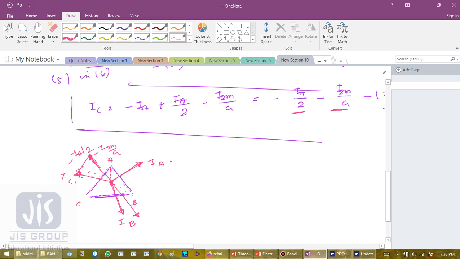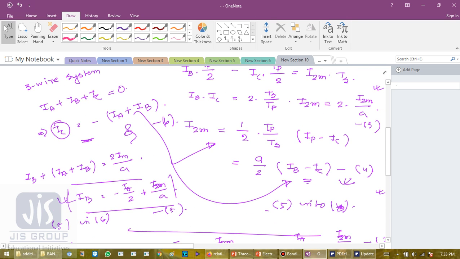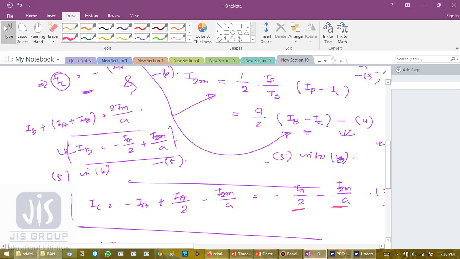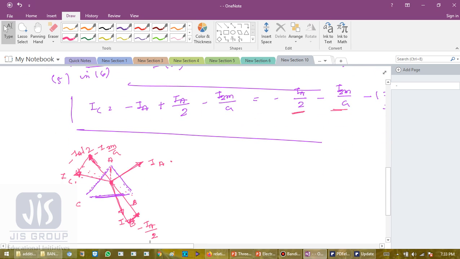Similarly, for this, IB equals to minus IA by 2 plus I2M by A. So if this is minus I2M by A, obviously this is plus I2M by A.